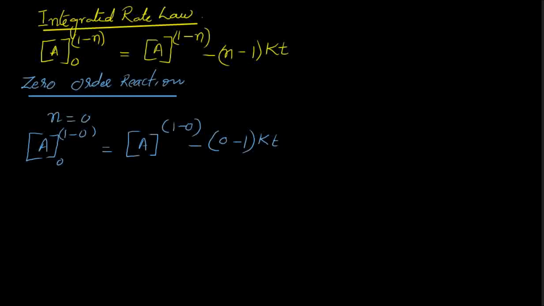Here 1 minus 0 is 1, so that is A naught, and also A, and minus into minus is plus, so plus kt. So this is A naught equals A plus kt.